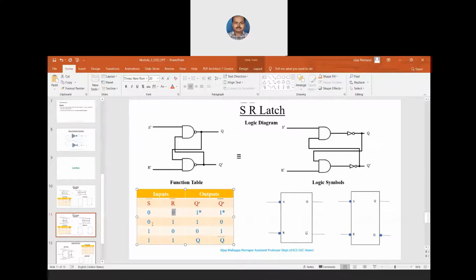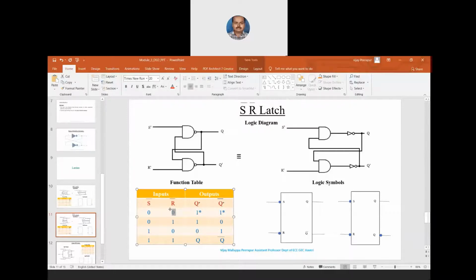When S bar is 0 and R bar is 1, we call it the set state: Q plus is equal to 1 and Q plus bar is equal to 0. When S bar is 1 and R bar is 0, the output Q is 0 and Q bar is 1. Similarly, when both are 1 1, we have Q and Q bar.